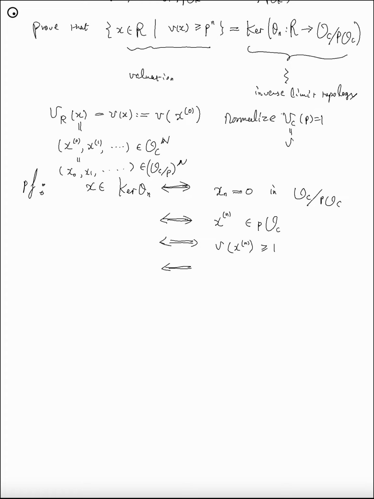And then this is equivalent to saying w of x_n to the power p^n is bigger or equal than p^n, which is equivalent to w of x_0 bigger or equal than p^n. This is equivalent to saying w of x is bigger or equal than p^n. This is exactly the left hand side.